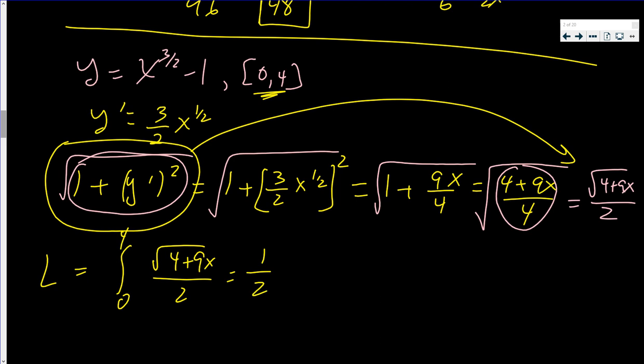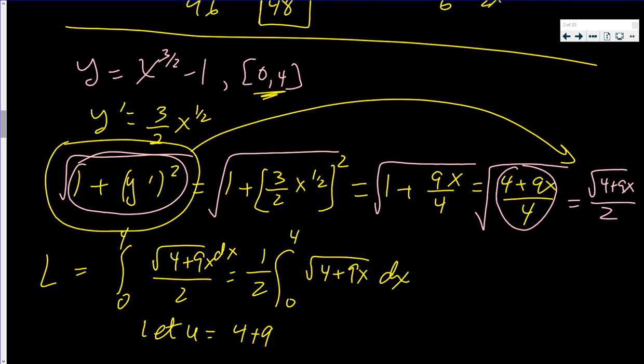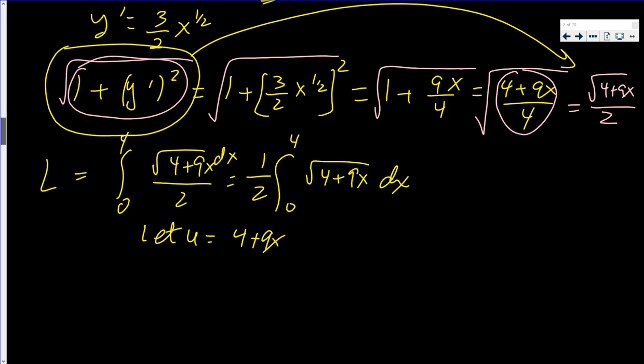Well, first thing I'll do is pull out that 2, so it's the square root of 4 plus 9x dx. I'm going to let u be what is underneath the square root sign. So then du will just be 9 dx.